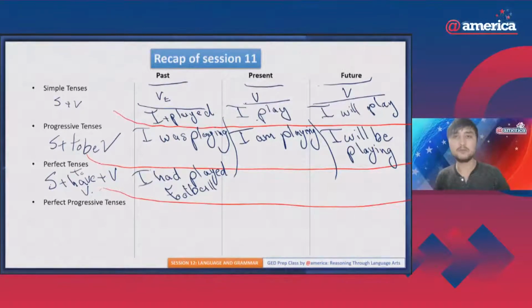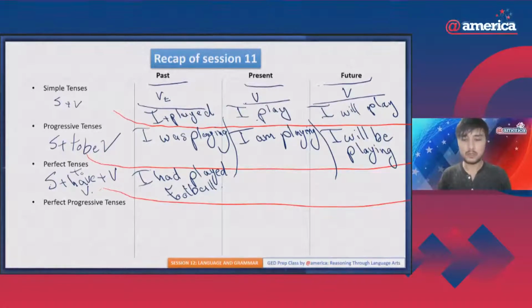I had played football by the time you came to my place. It means that the action was done before something else. And this is usually used in that situation. You say, oh, I had done my homework by the time you asked me to do them together. So this is something you could say in that situation.